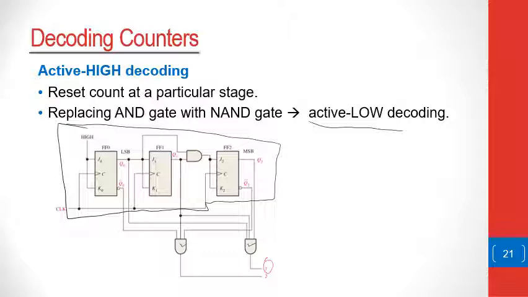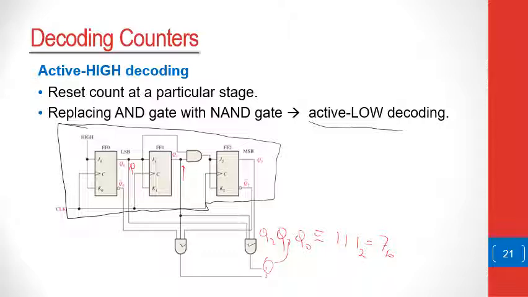This is attached to Q2, and it's also attached to Q1, and also to Q0. So the output here is equivalent to Q2 and Q1 and Q0. And this is equivalent to detecting when the output is 111, that is, the output count is equal to a decimal value of 7.